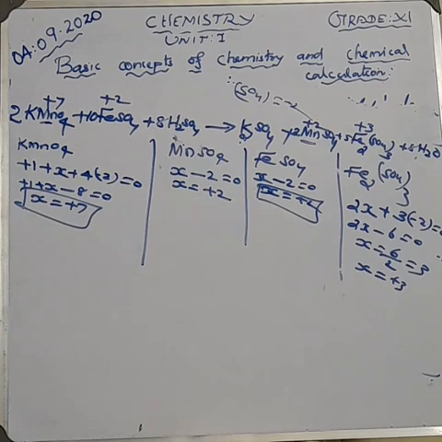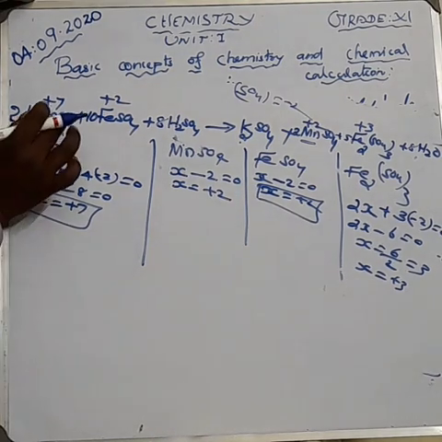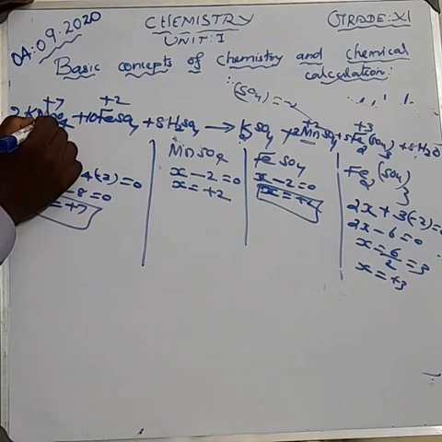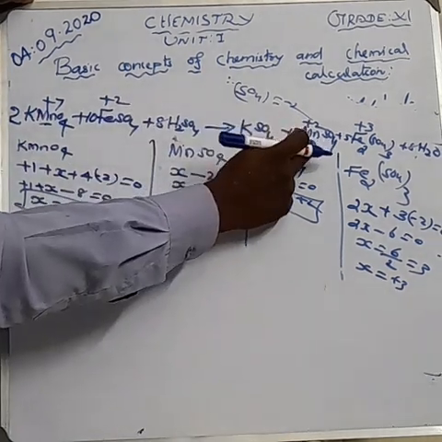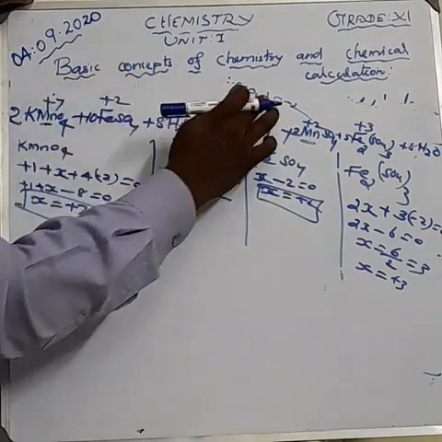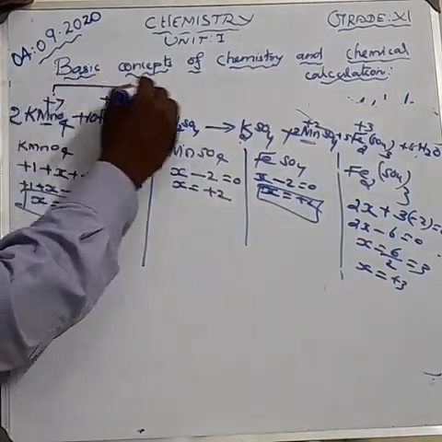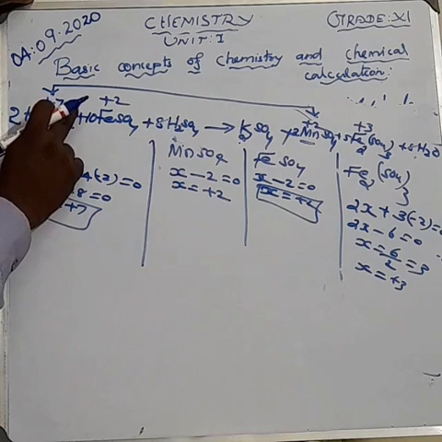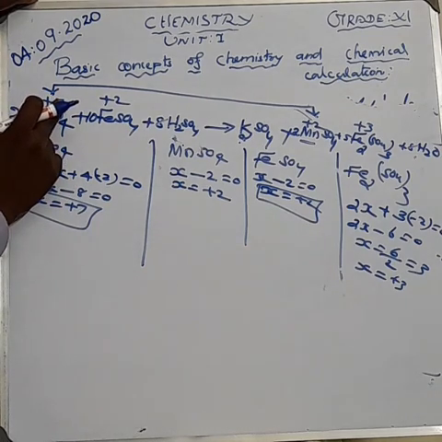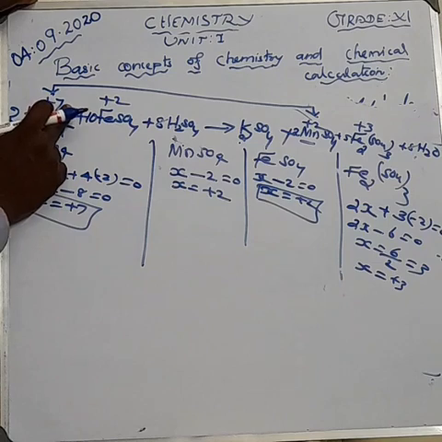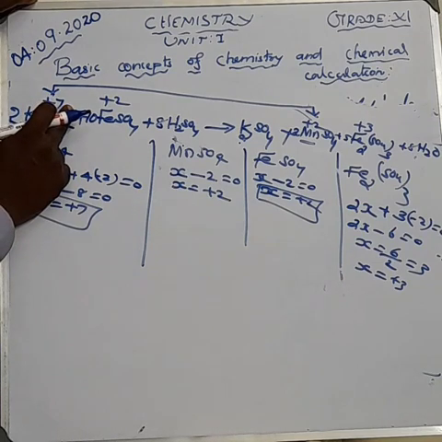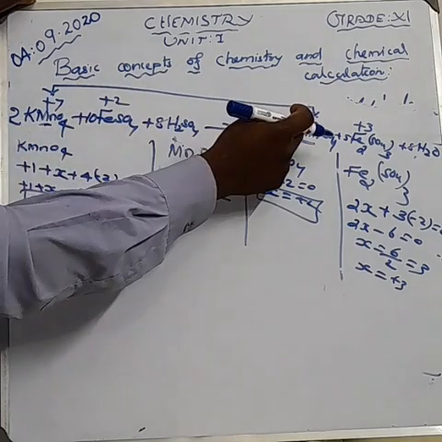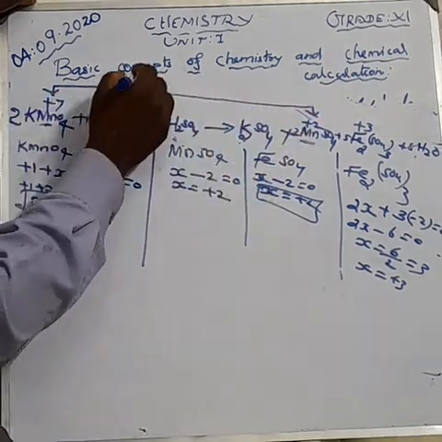Then first you count the number. From the reactant side, Mn has plus 7, but on the product side, Mn has plus 2. Now is the oxidation number increasing or decreasing? Decreasing, am I right? Plus 7 to plus 2, so it is decreasing.